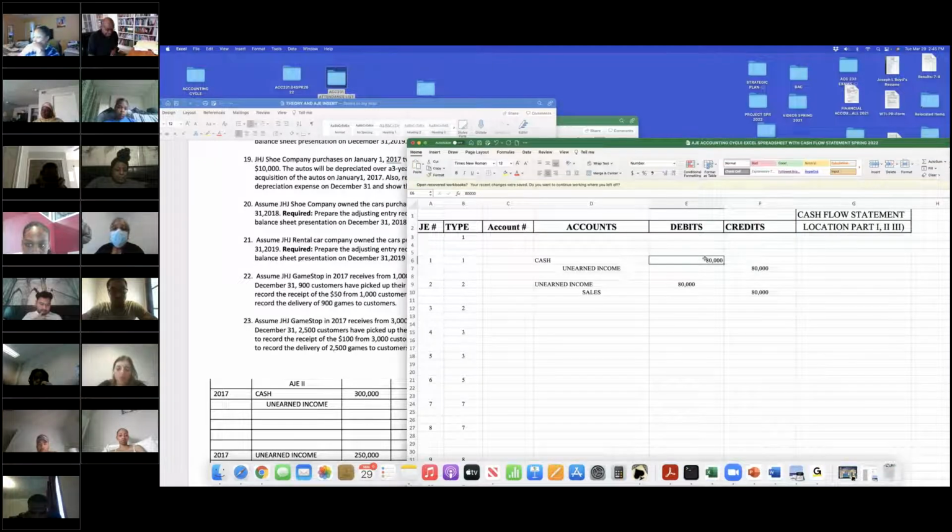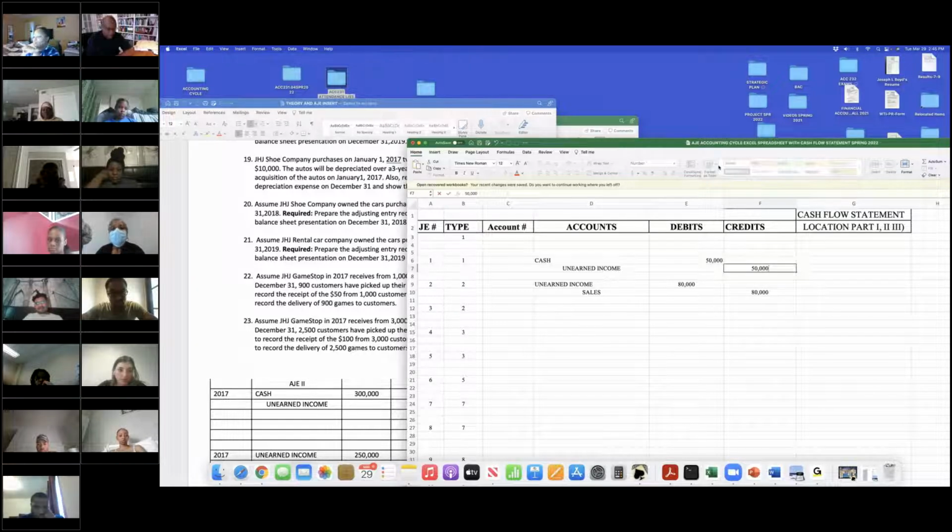So we changed this to 50,000. This is actually number 22. So on 22, the first thing we did was to debit cash and credit unearned income for 50,000. And of course, we have to post that.